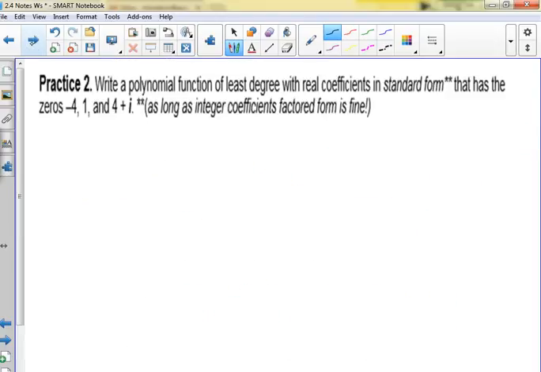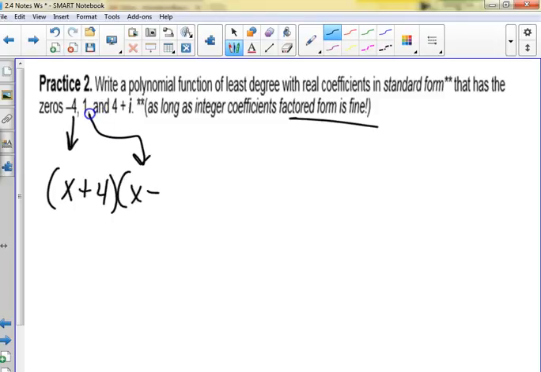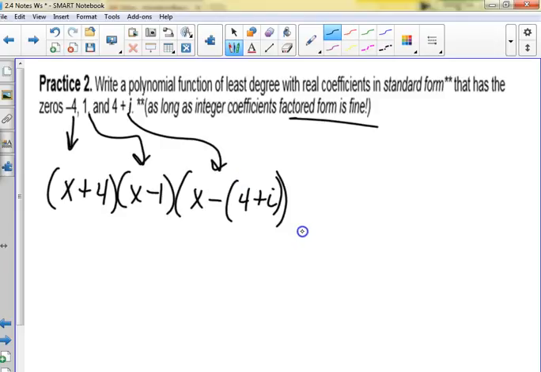Let's try this. Write a polynomial function of least degree with real coefficients in standard form. Factored form is great, but you have to have integer coefficients. Okay, negative 4, what's a factor? x plus 4. 1. x minus 1. Okay, 4 plus i. x minus (4 plus i), and we're going to distribute that in a minute.